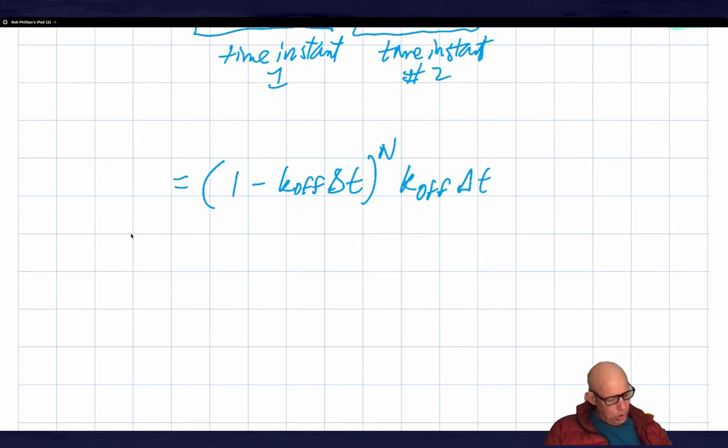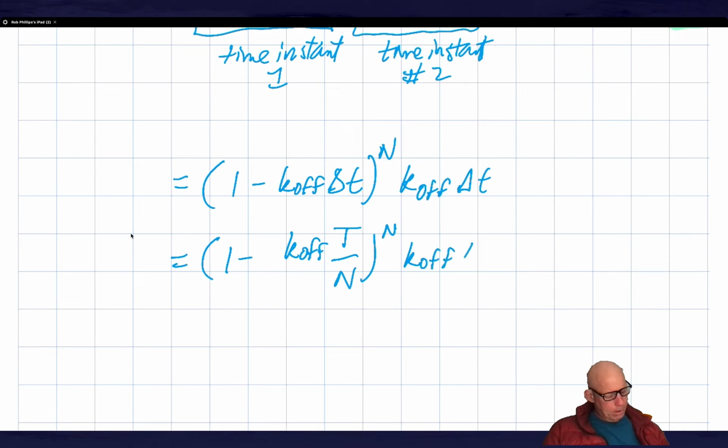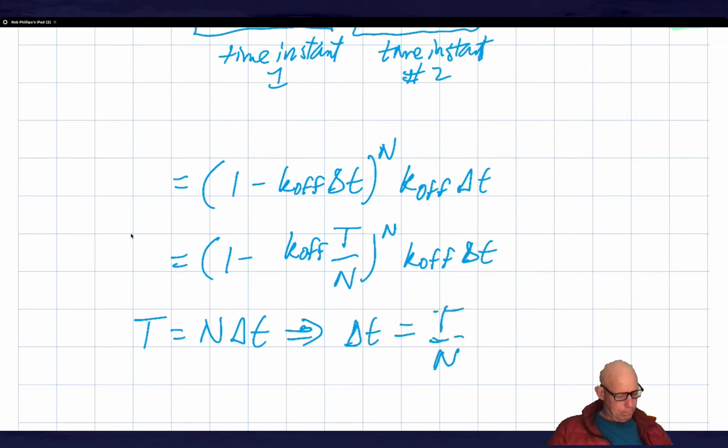But I also note that I can rewrite this as 1 minus k off times capital T divided by capital N, to the n power, k off delta t. Why? Because capital T is n times delta t, which implies that delta t is capital T over n. Okay, I've simply used that correspondence.